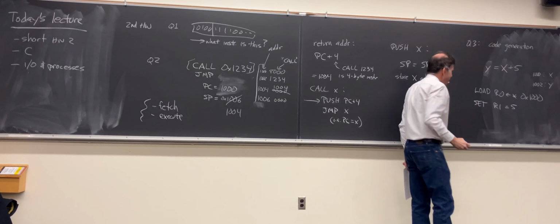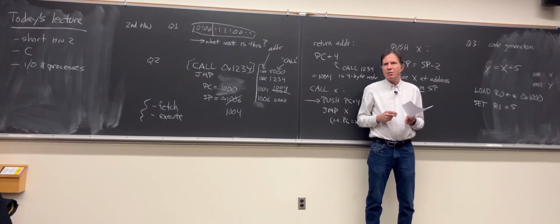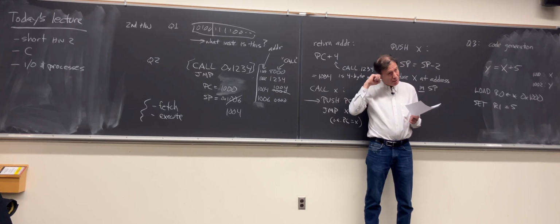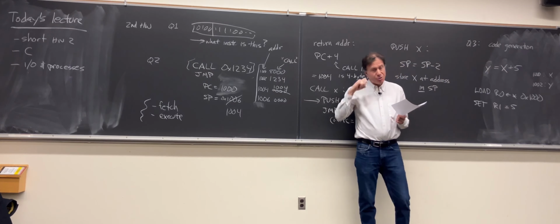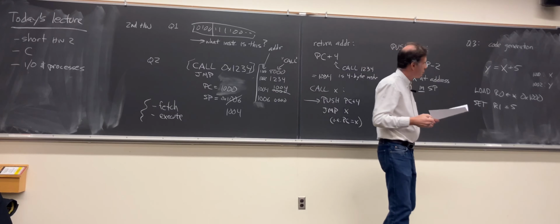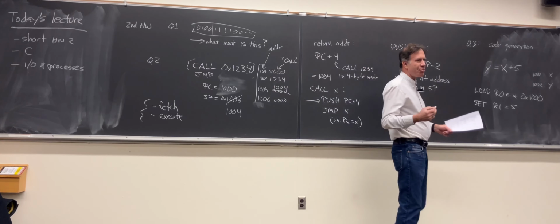If you look through the documentation for Lab 1, you will see that there's a set instruction, and the whole point of that instruction is to put a constant value into a register. It's a 4-byte instruction.